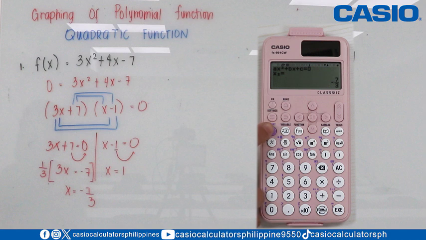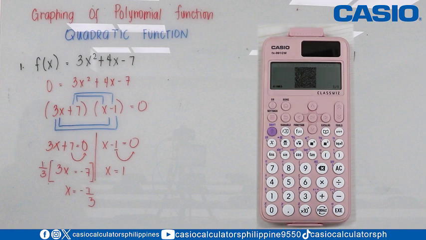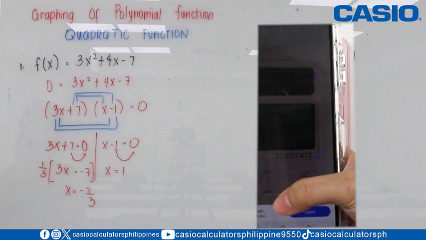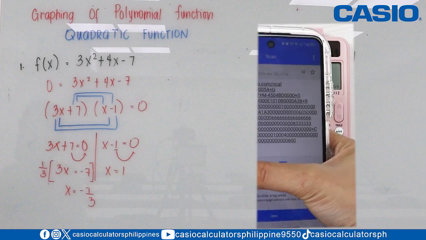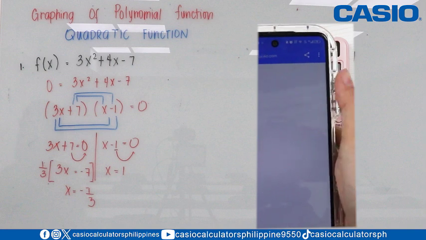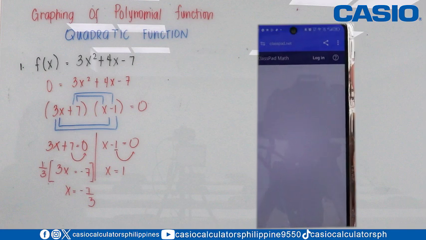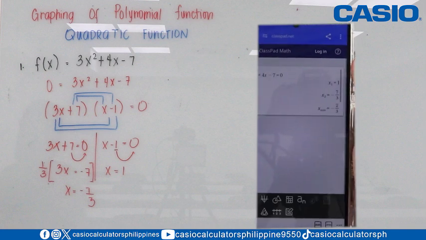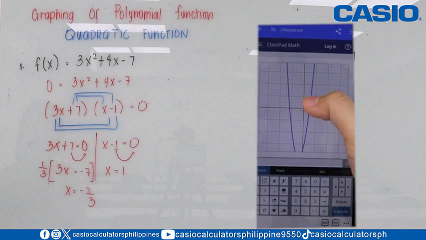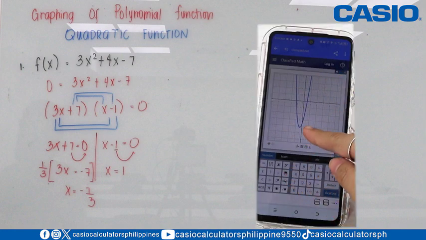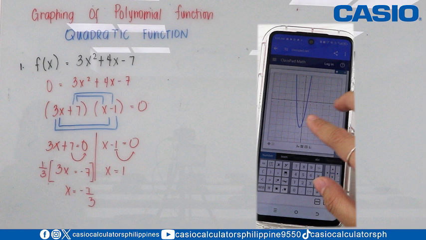Now let's find the graph of this equation. By using the QR code, let's scan it. So finally, we can see now the graph of f of x is equal to 3x squared plus 4x minus 7.